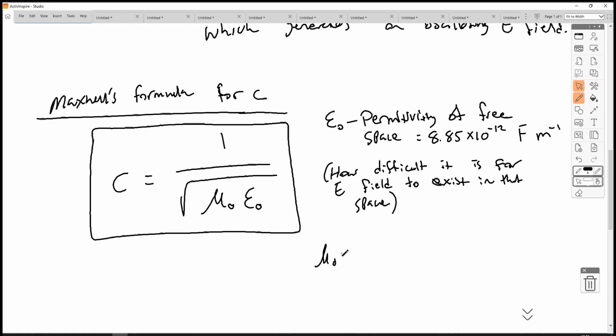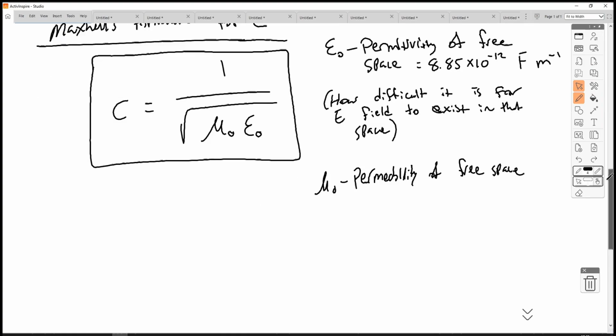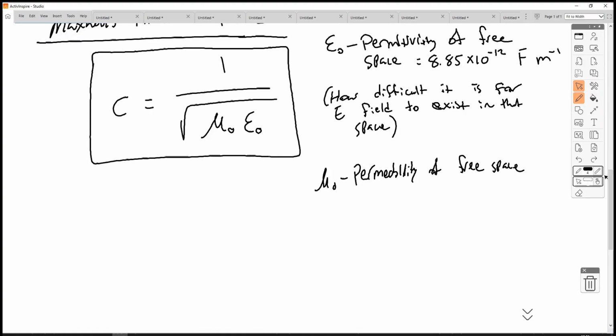And mu naught is the permeability of free space. And it's equal to 4 pi times 10 to the minus 7 henries per meter. It's a unit.